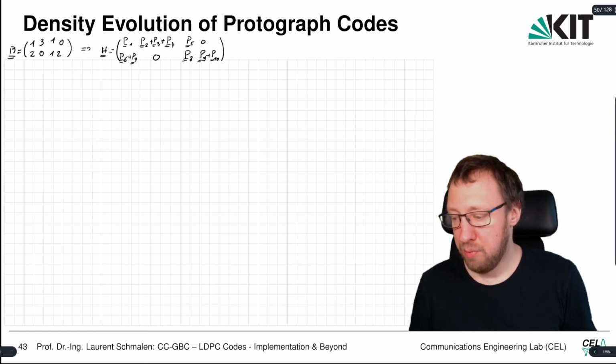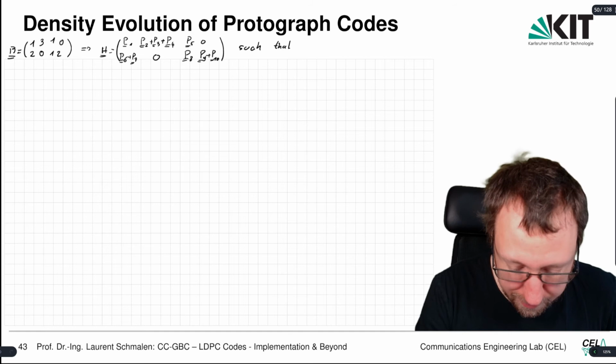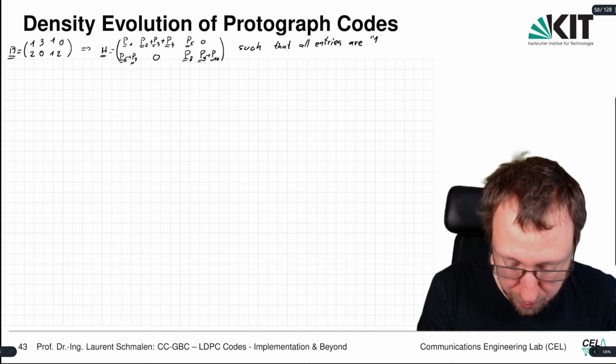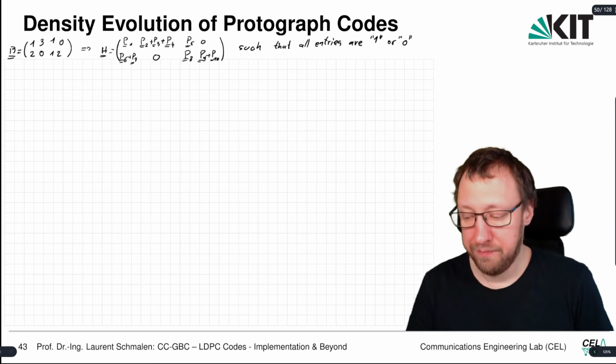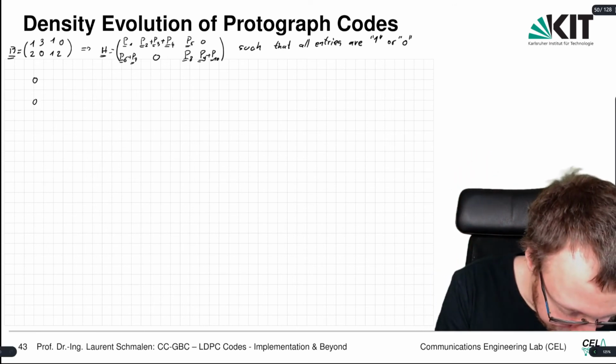So those are the permutation matrices such that all entries are 1 or 0. So now we can draw the graph of this.